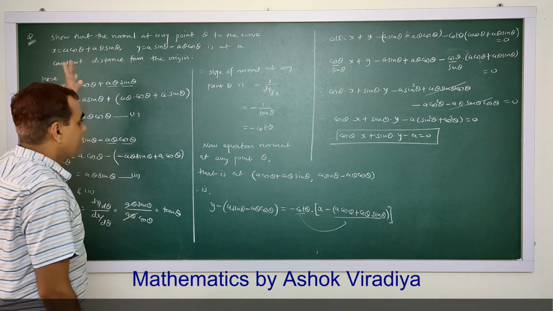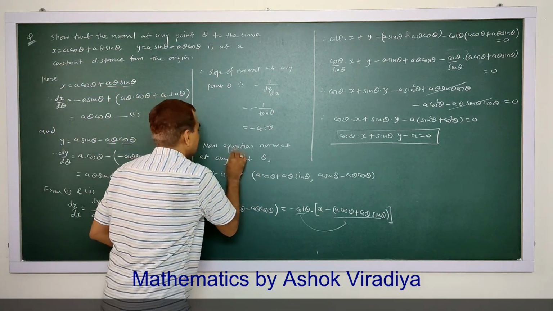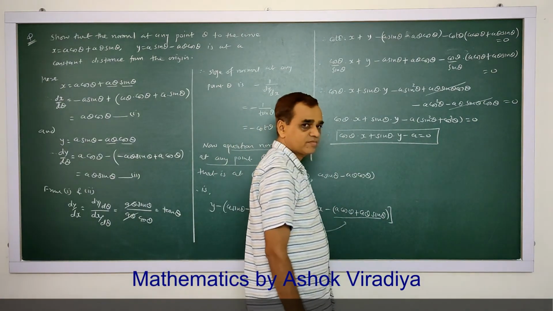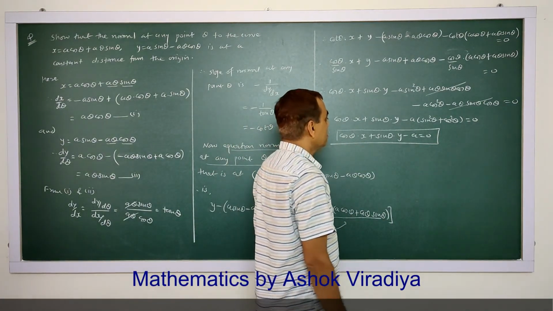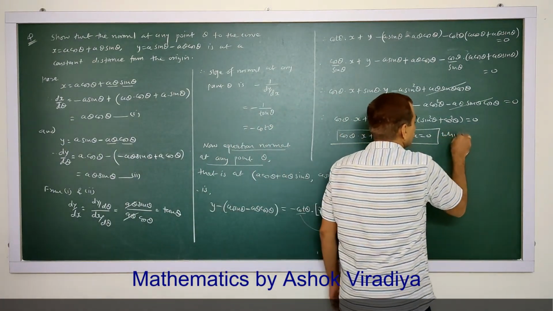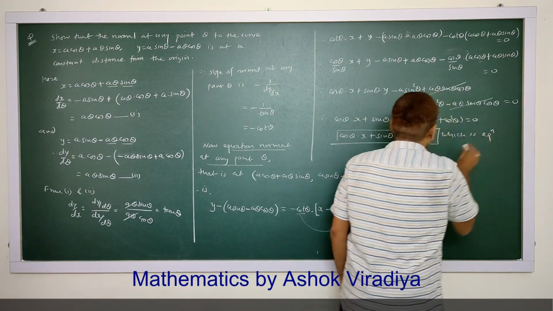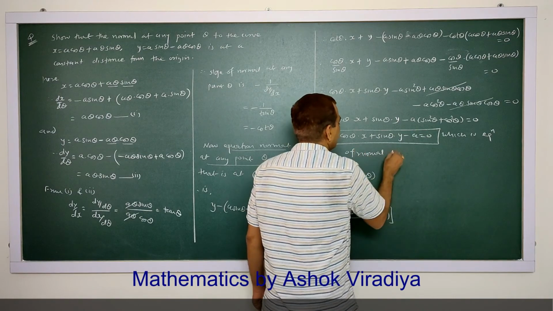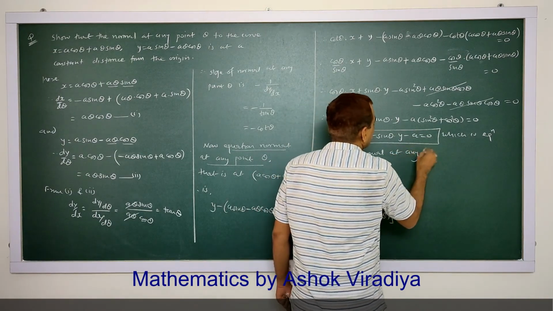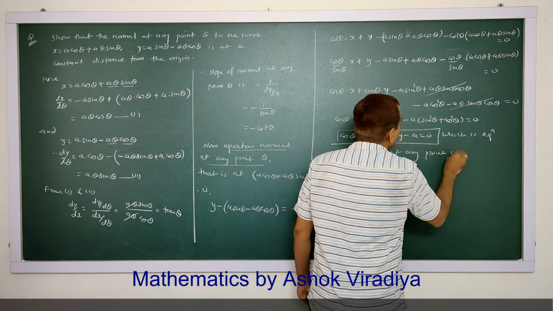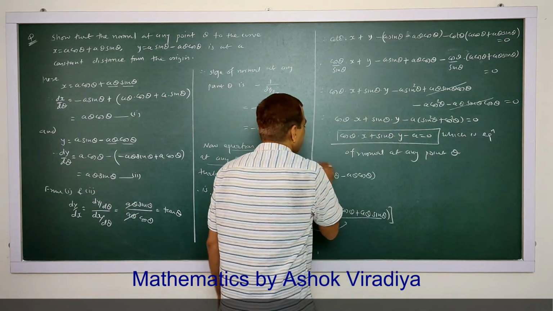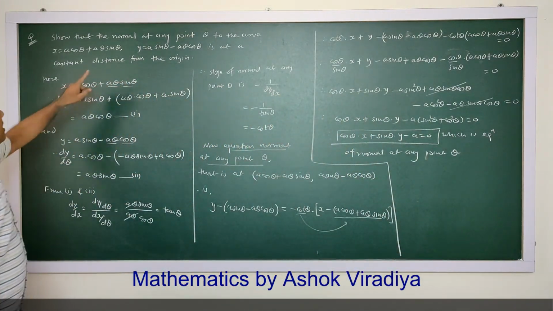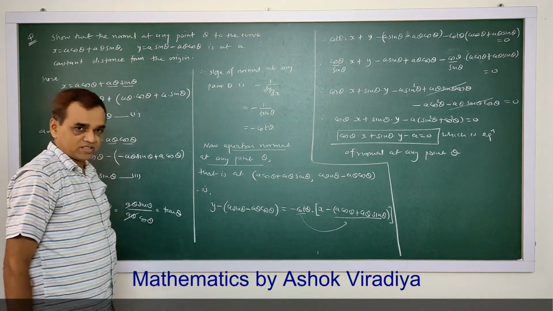This is the equation of normal at any point theta. Now in this question, we want its distance from origin.